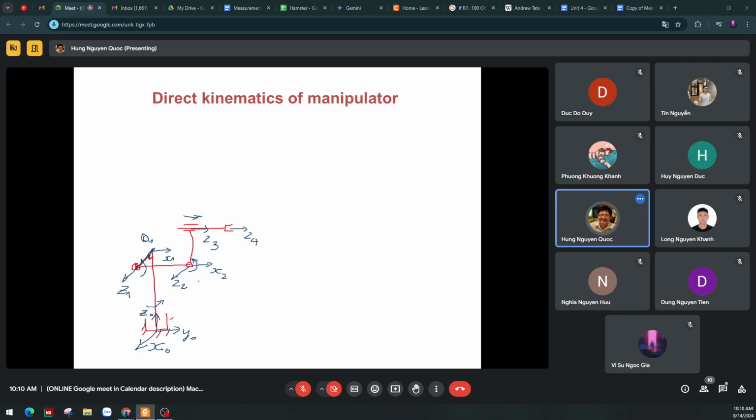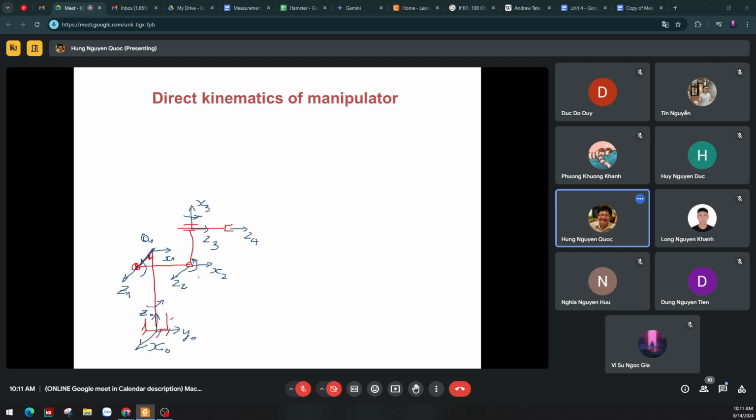And X3 is perpendicular to and crosses Z2 and Z3. Can I put X3 here? Can I put X3 at this point? No. It should intersect Z2, so there is only one way for X3, here.